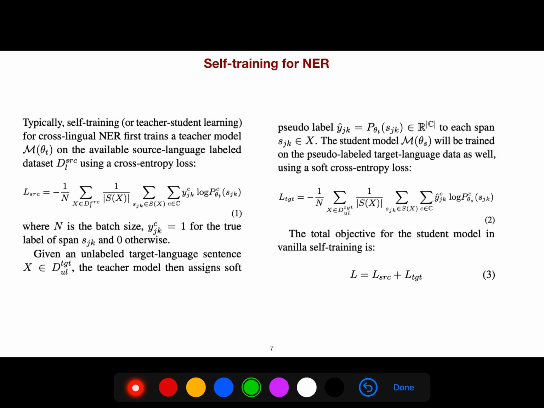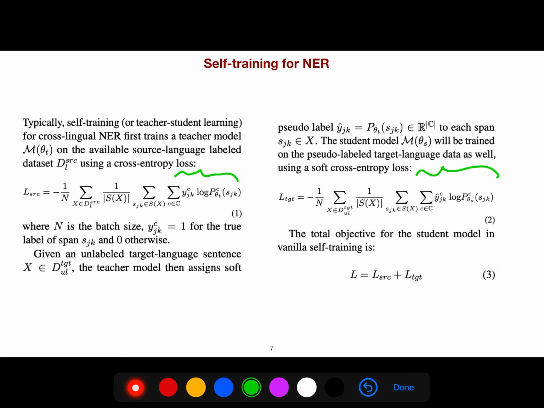Typically, self-training or teacher-student learning for cross-lingual NER first trains a teacher model on the available source language labeled dataset using this cross-entropy loss. Given an unlabeled target language sentence, the teacher model then assigns soft pseudo-labels to each span. The student model will be trained on the pseudo-labeled target language data as well, using a soft cross-entropy loss.